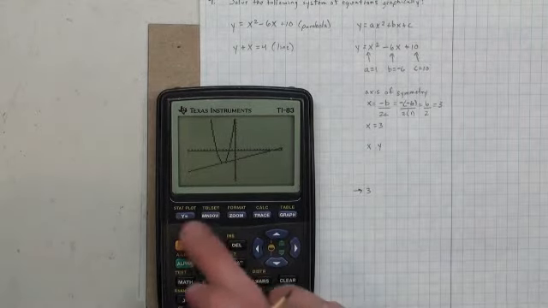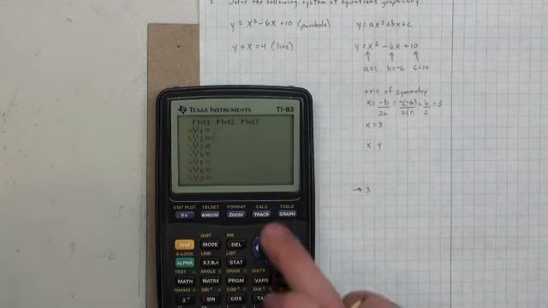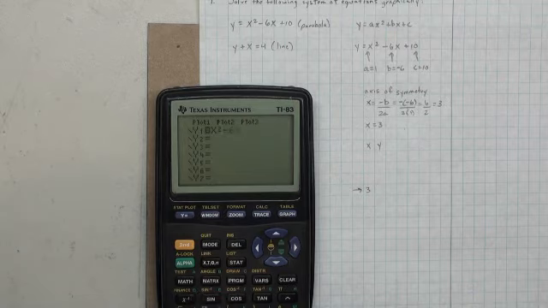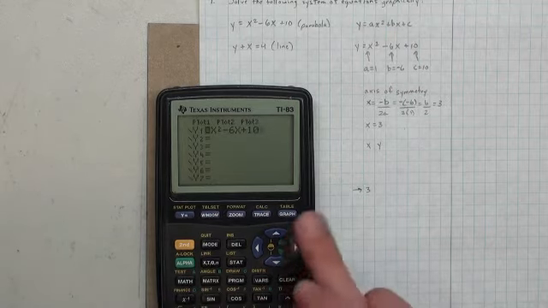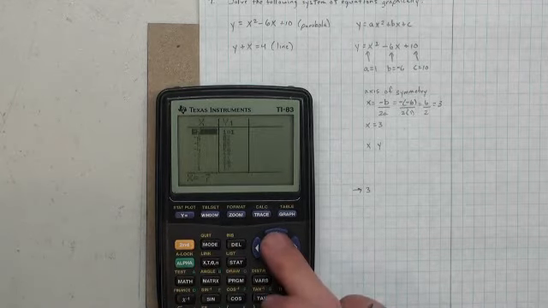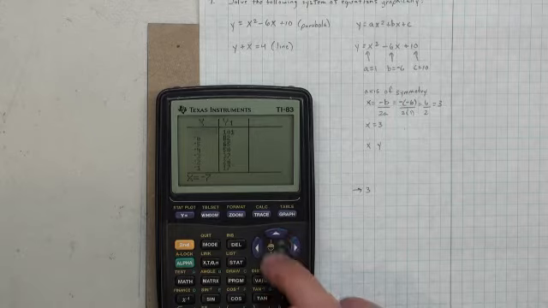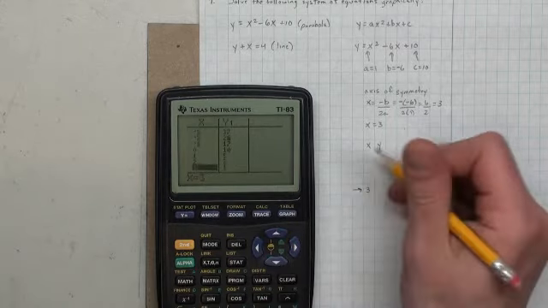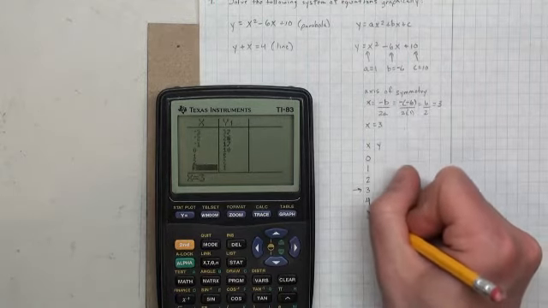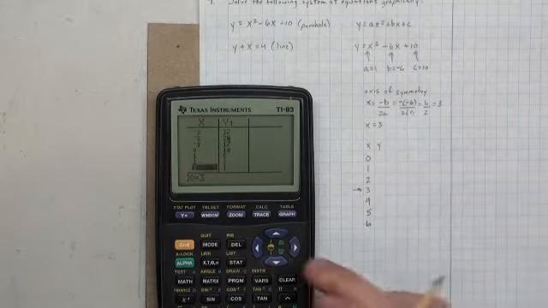We got to clear out the old stuff and put in the new quadratic, x squared minus 6x plus 10. Hit second table. Wow, we want to go down to 3. And we want to go 3 below, so 2, 1, 0, and 4, 5, 6, and 3 above.